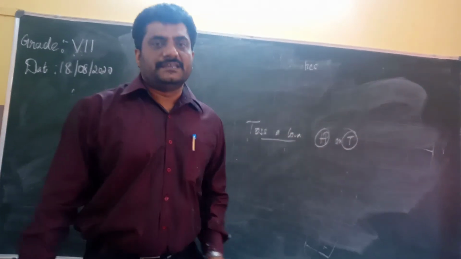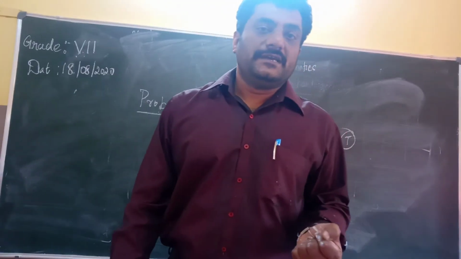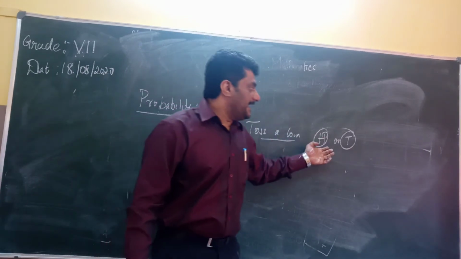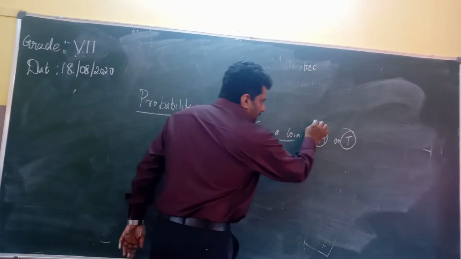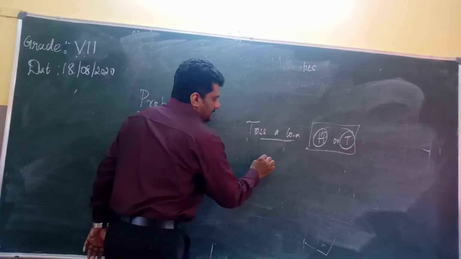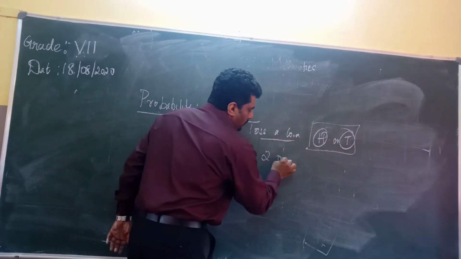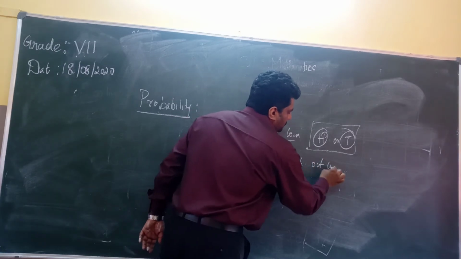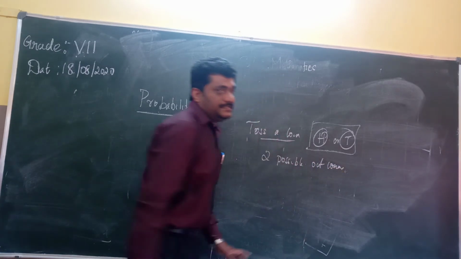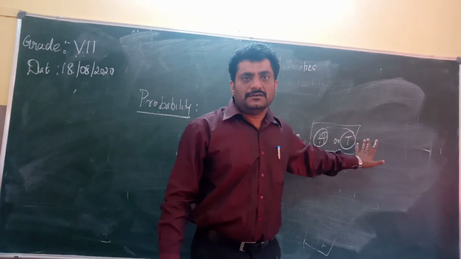Any one you will get. But how do you know which one you will get? What are the chances of getting heads and tails? That we can find. In this, there are two possible outcomes: either you will get heads or tails.